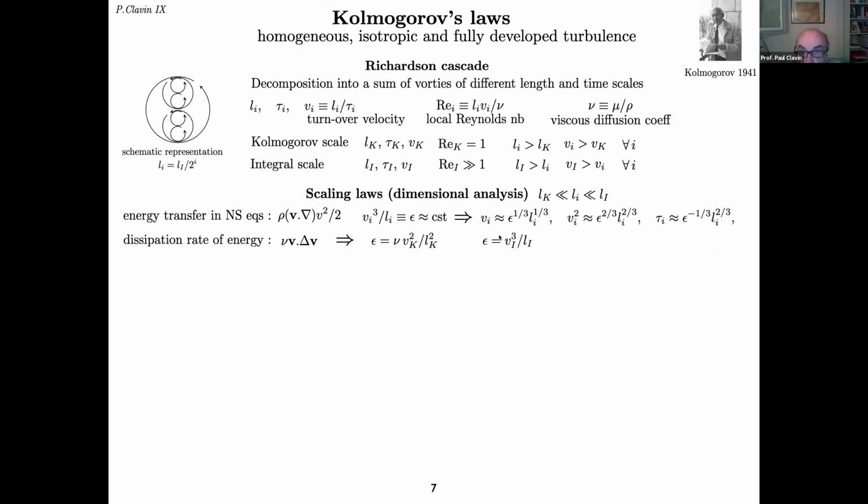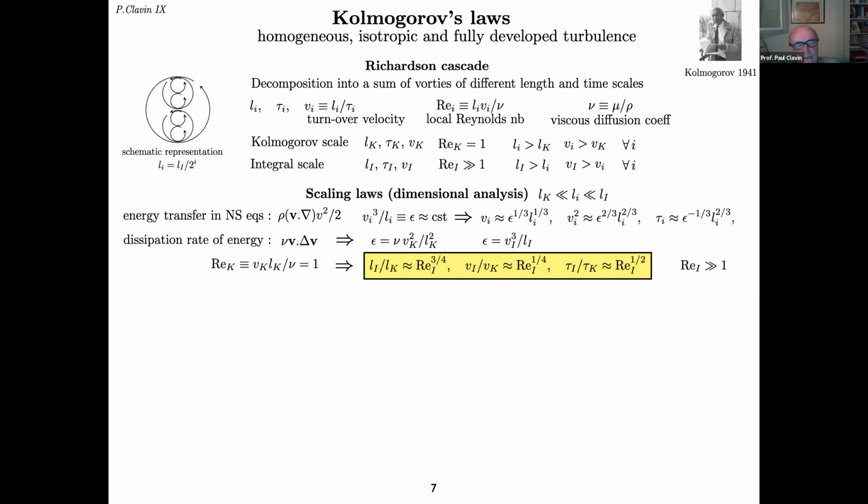This is also equal to the injection of the energy by the large scale. And with the Reynolds number being equal to 1, you obtain the relation between the extreme lengths in terms of the Reynolds number, the power law, and the length, the time, and the velocity.